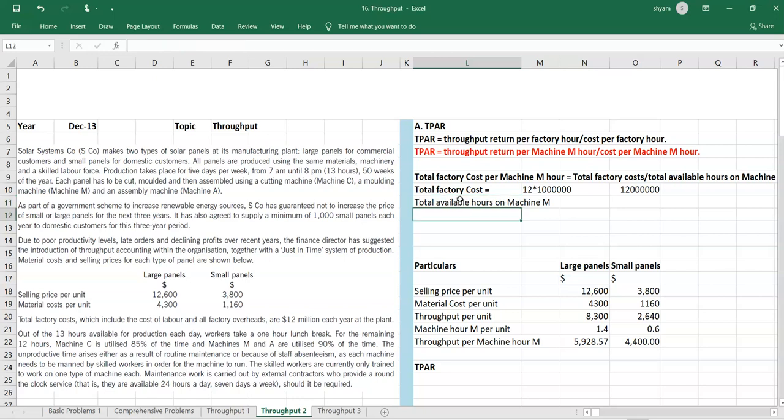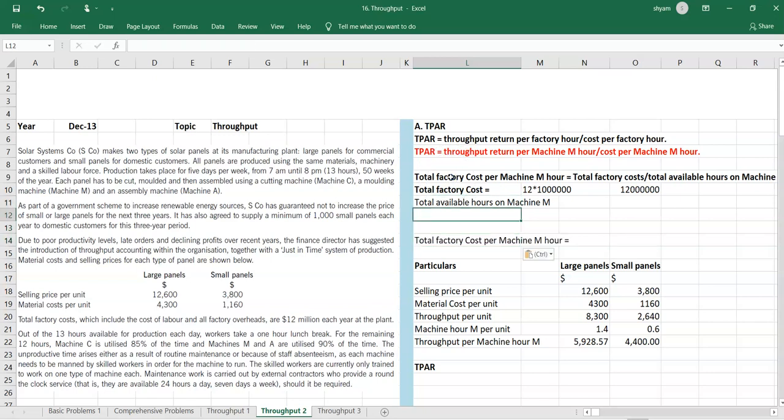Total available machine hours M, that we have to get. So if we get that, then we can find out total factory cost per machine hour, M machine hour.